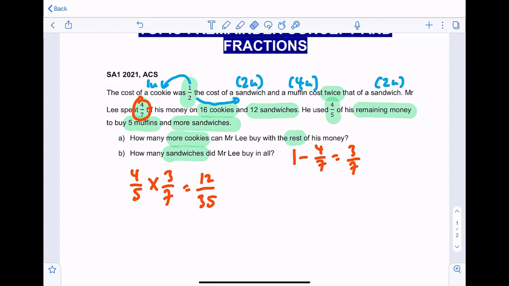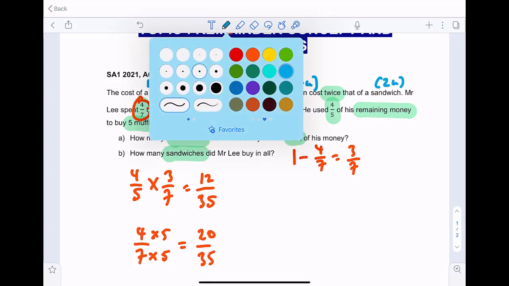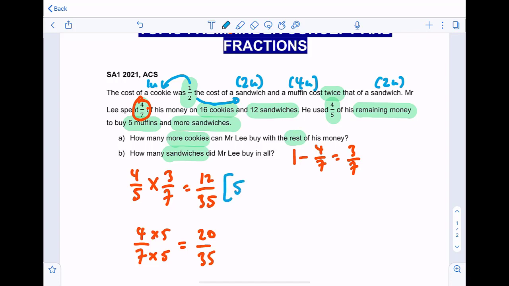Now, earlier on they said he spent 4/7 of his money on 16 cookies and 12 sandwiches. So for 4/7, we make this denominator the same so that we are working with the same total parts of money. This one here again is for 5 muffins and some sandwiches.